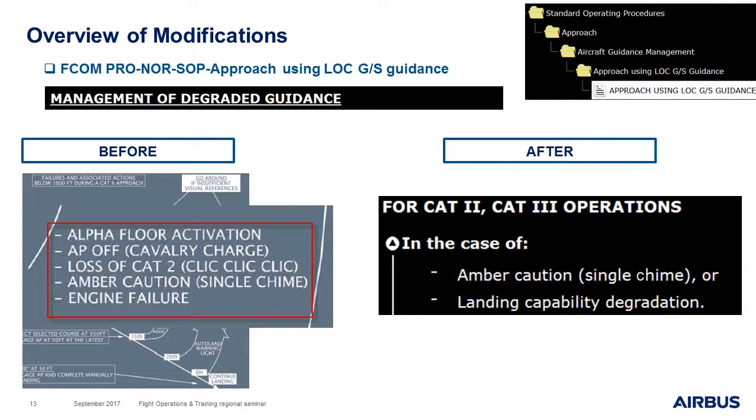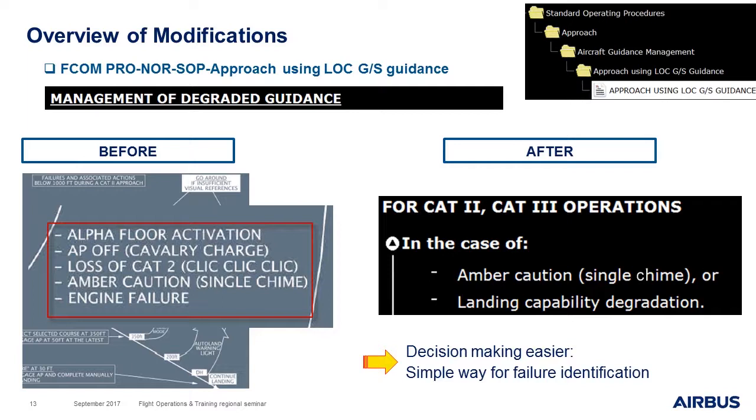We have simplified these triggers into only two triggers, amber caution single chime or landing capability degradation. These two triggers cover the triggers that you had before for failure management. So it makes the decision making easier, and it's a simple way for failure identification.